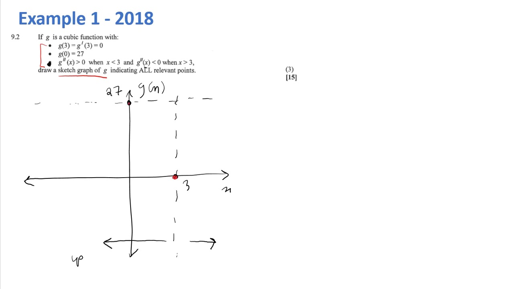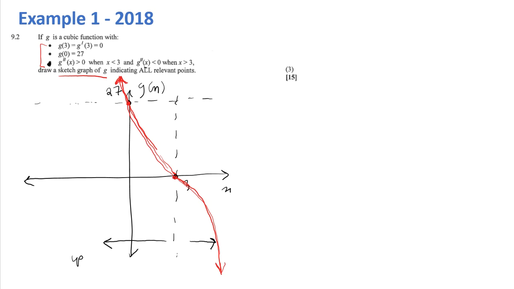It crosses that point 3 and that point 27. So my first instinct was to draw a concave up curve until that point, and then I made it concave down from 3 onwards. Okay, so that's one possible solution.